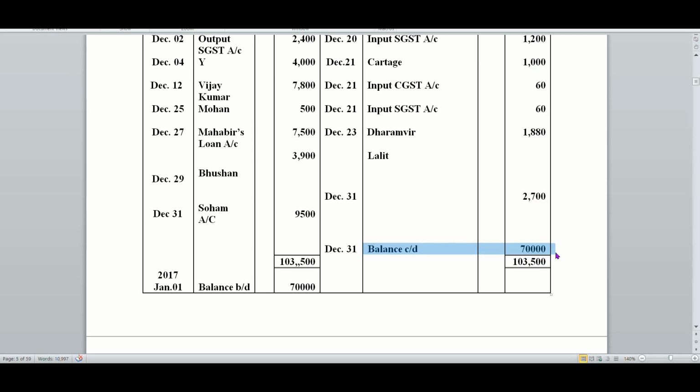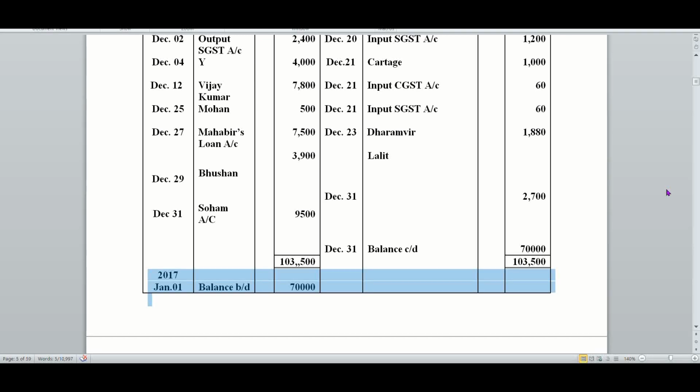This is the balance which will be carried to the next period. So by balance c/d 70,000, and on 1st January 2017 it is brought down as 70,000.